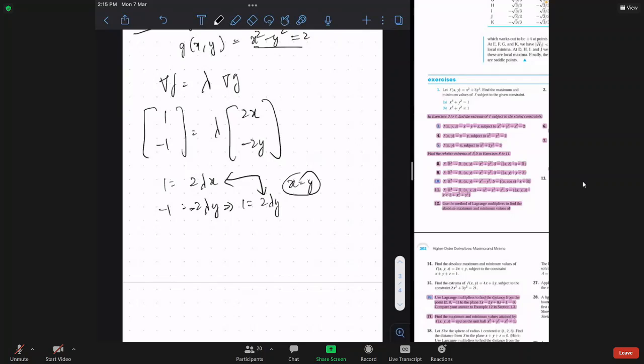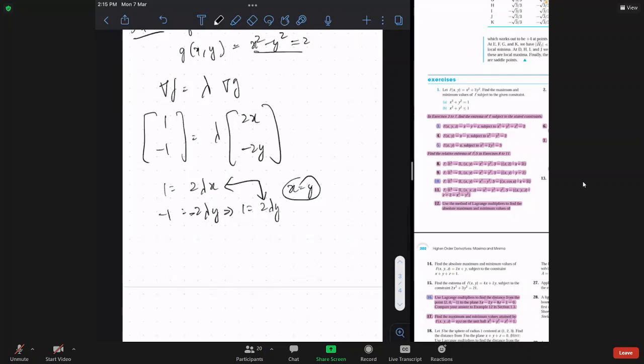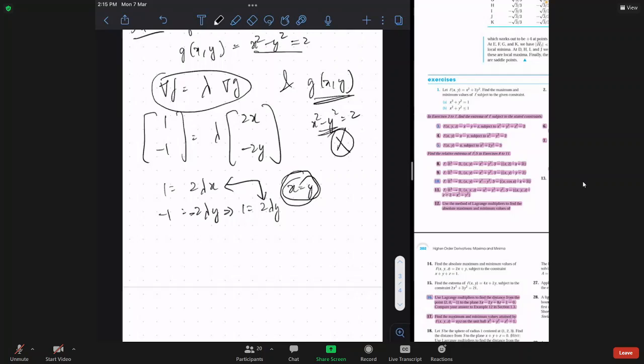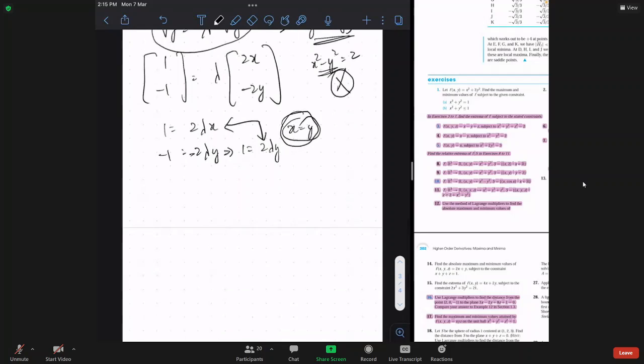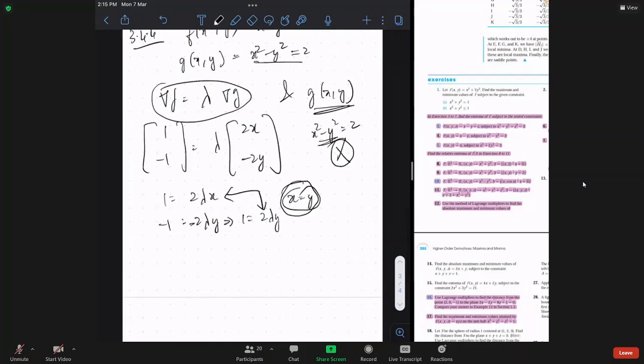But let's see what my constraint equation is. I have to find the points which satisfy this as well as my constraint equation. My constraint equation is x square minus y square is equal to 2. When I substitute x equal to y, this relation no longer satisfies. So that means I cannot find any critical points that satisfy both these equations.